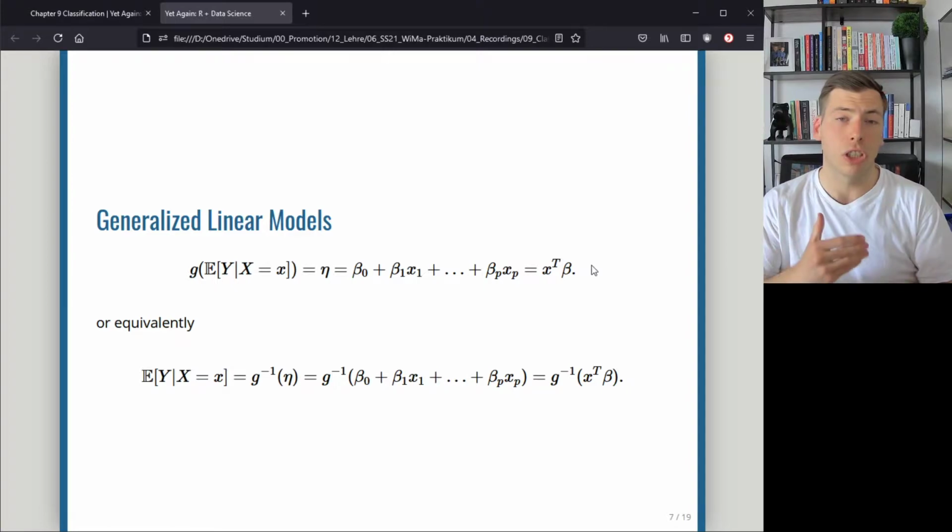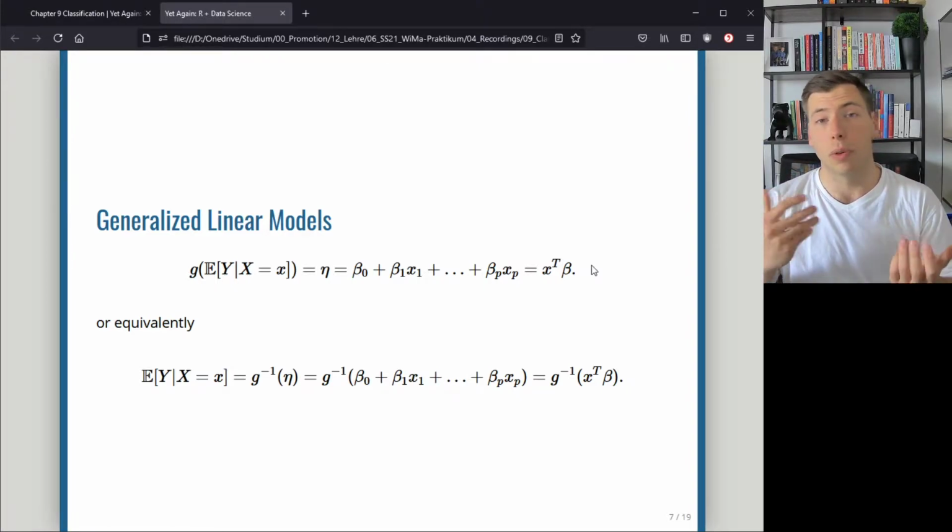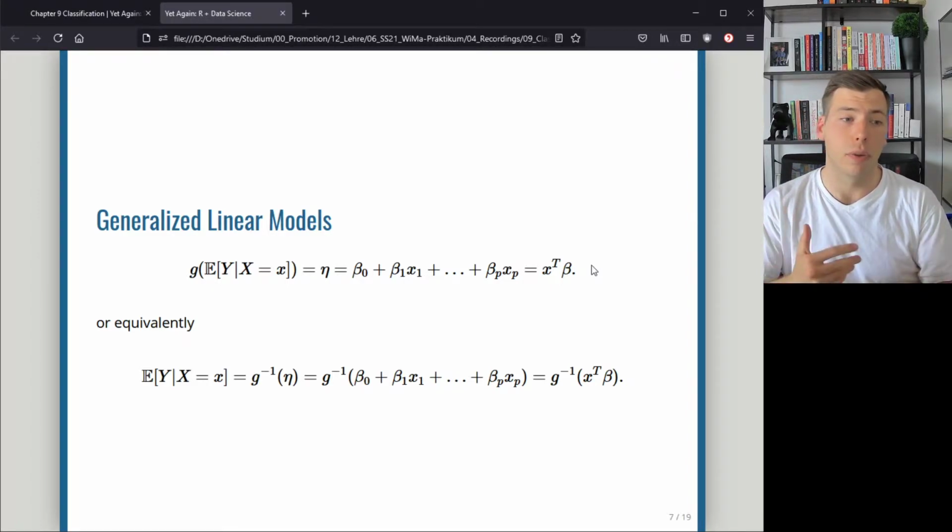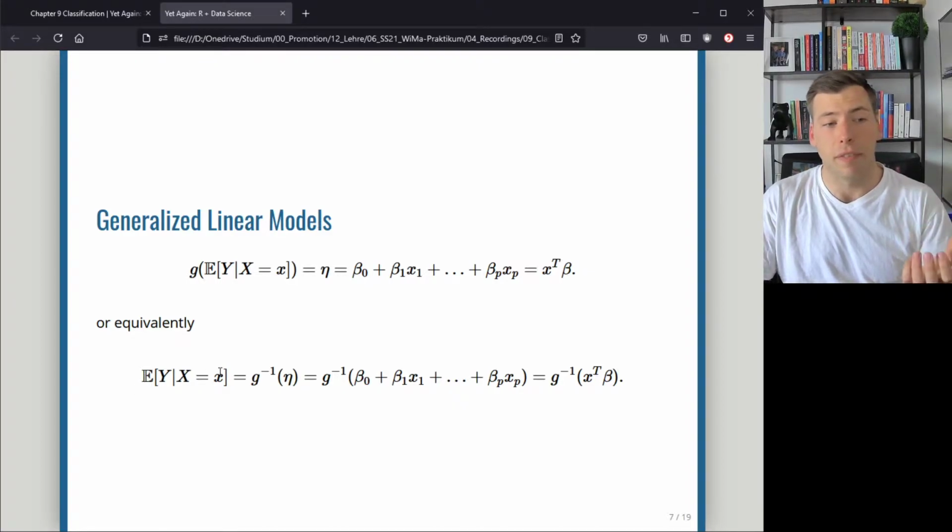And this function g is what we would call the link function. And of course, if you use a one-to-one function, then you can invert it, and then you can equivalently state this as the expected value being given as the inverse of our linear predictor.